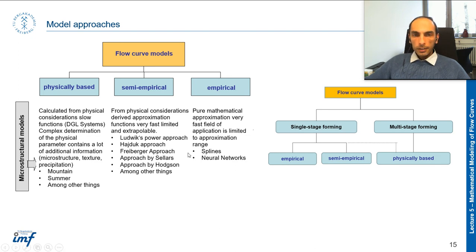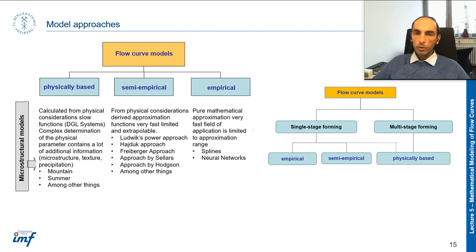And the last category is the empirical models. In the empirical models, it's just pure mathematics. You cannot find any, or the purpose is not implementing physical phenomena in the model, but just pure mathematics, and the accuracy is important, not the physical meaning of the model.